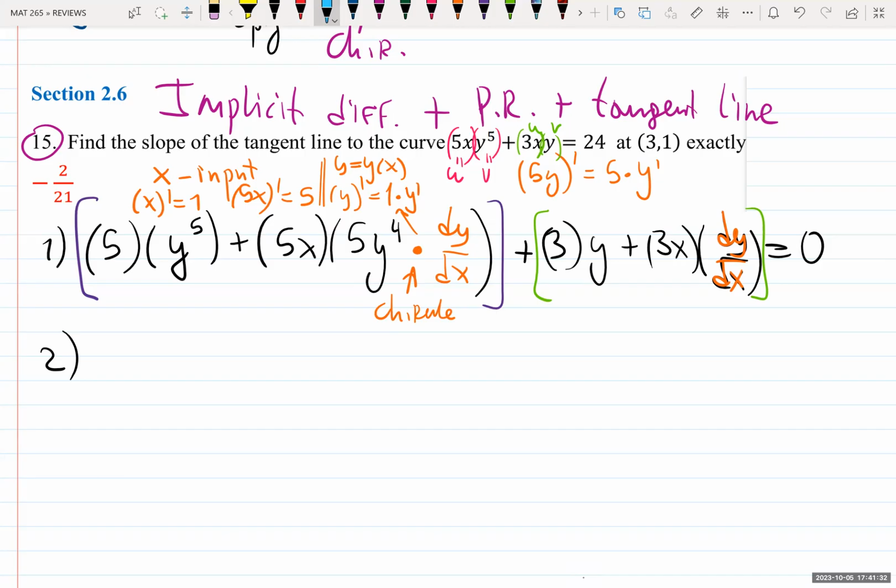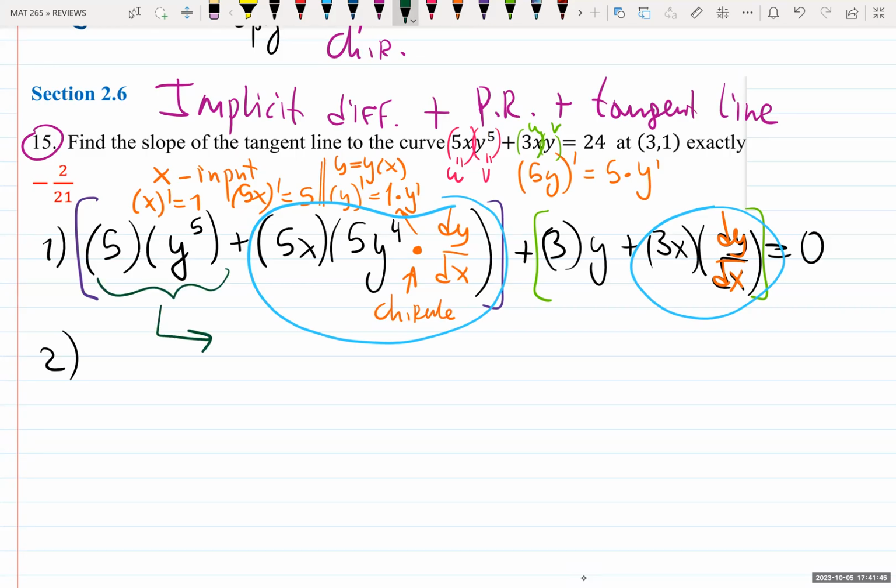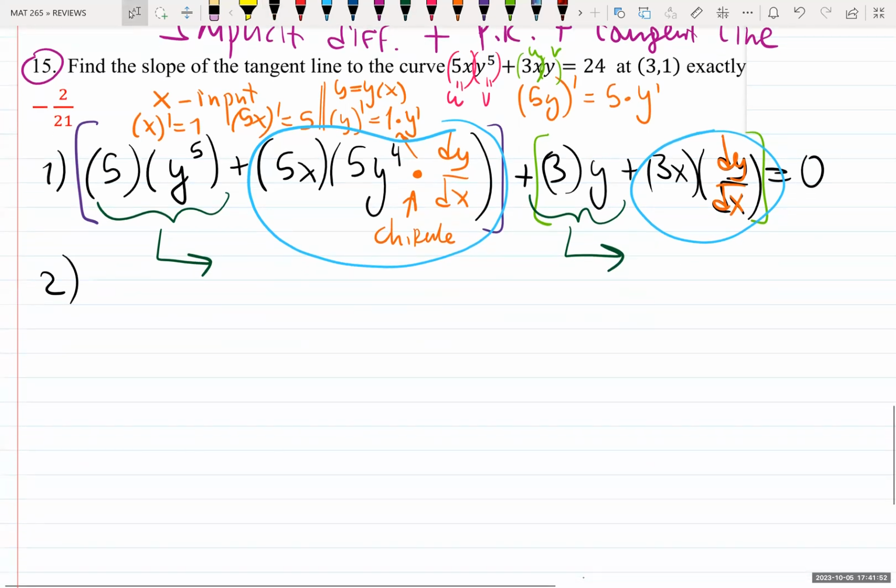Step 2 of implicit differentiation: I determine the pieces with y prime and move them to the left. Everything else, I push to the other side, to the right. You can mix up the sides, it doesn't matter for me. Some people do it exactly the opposite. So I'm going to move everything with y prime to the left.